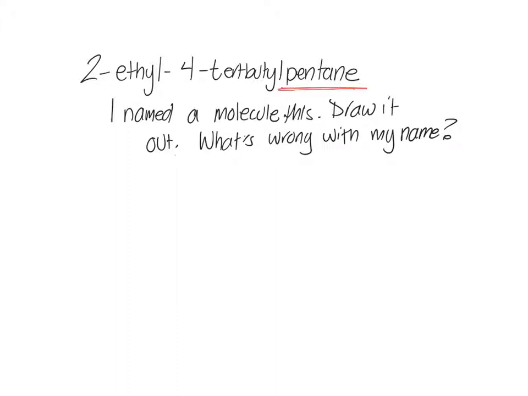So pentane is 5 long, so I draw 5 carbons. Tert-butyl means it has 4 carbons, and it's coming off the 4th one. So it comes off here. Instead of it being like a chain of butyl, so like 1, 2, 3, 4, like that, tert means, again, that what it does instead is it comes off the center one.